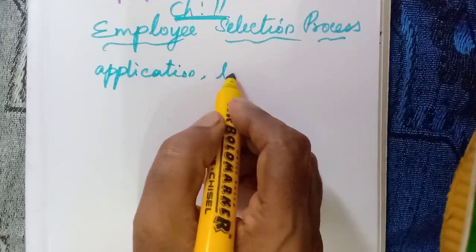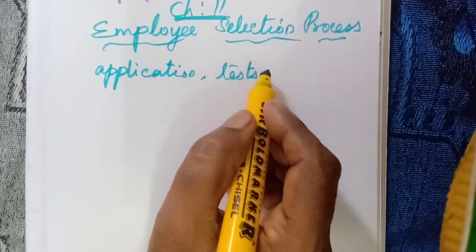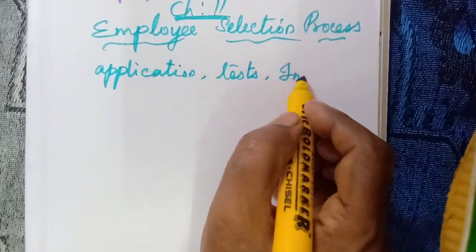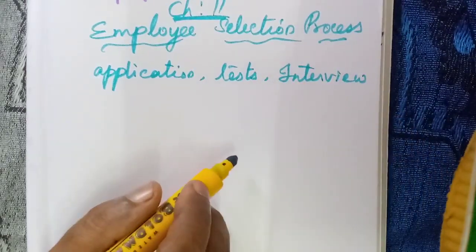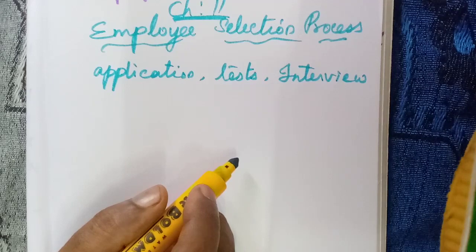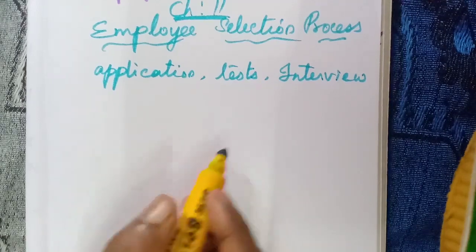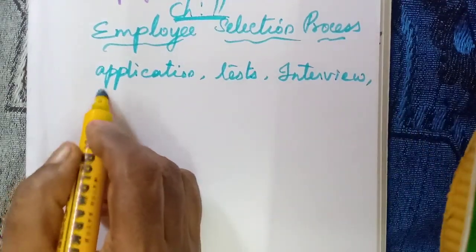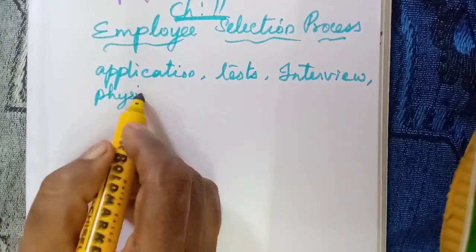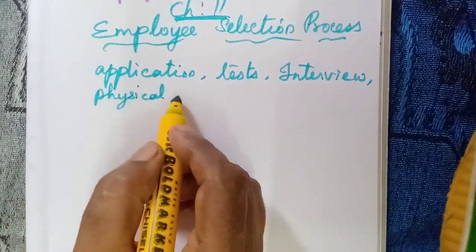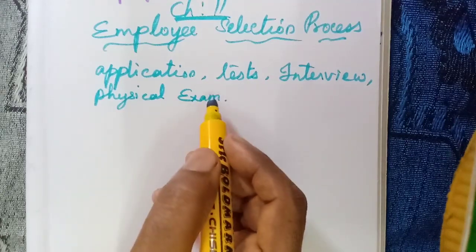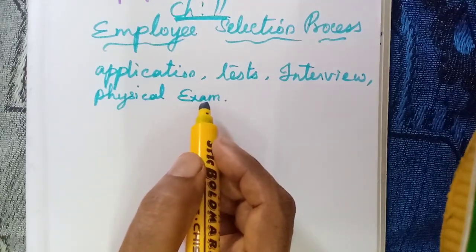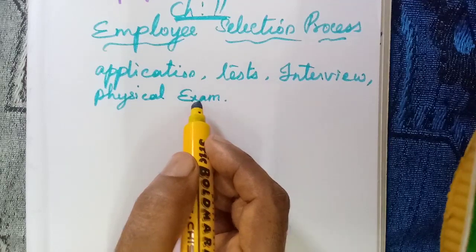Then they will conduct a test, and if candidates have passed, they will conduct an interview. Then they will conduct a physical examination, a medical test, to see whether their physical body is able to do that particular work.